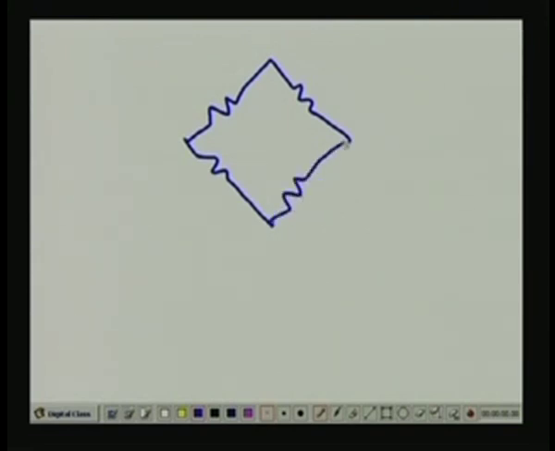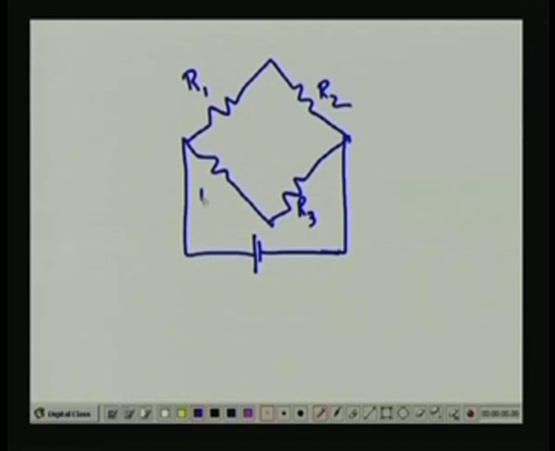Suppose these equations I am writing, I am first drawing the Wheatstone bridge. This is R1, so it looks like this, and this is our output voltage E naught.